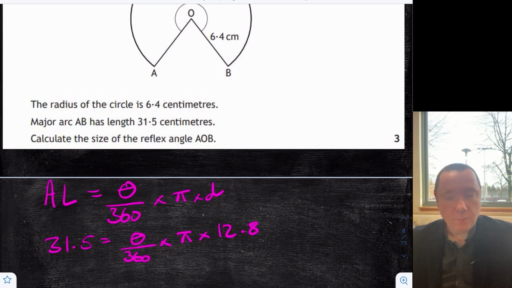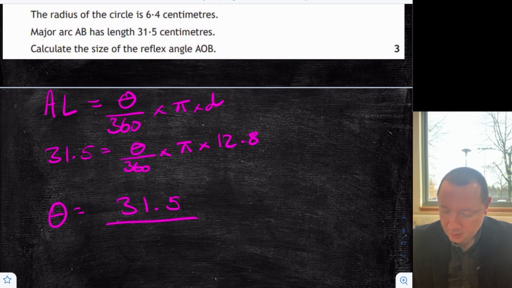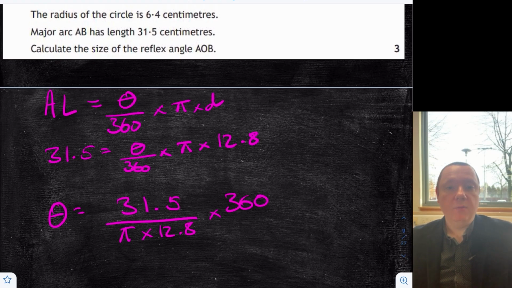And then we need to work backwards. So again, remember, we start with this. So our angle equals 31.5. And I'm going to divide by everything on the top, pi times 12.8. And we're going to times by everything on the bottom, 360. Then we get a mark if we can get that far.